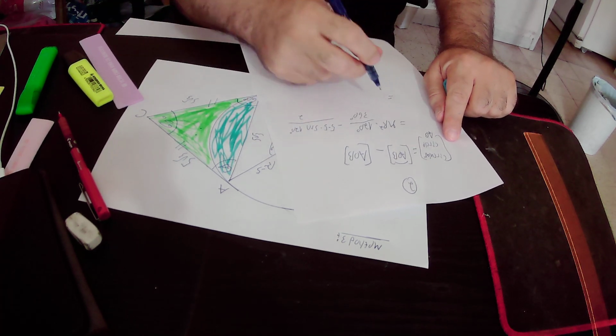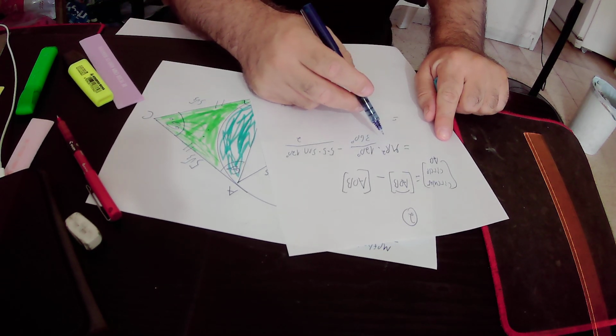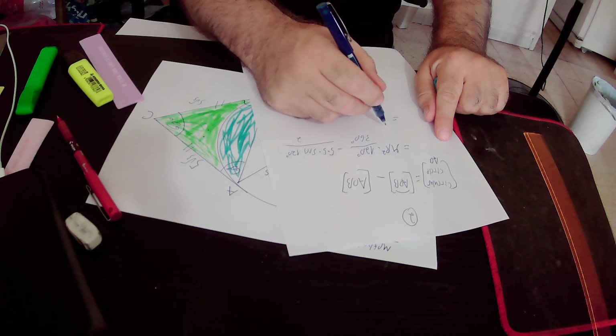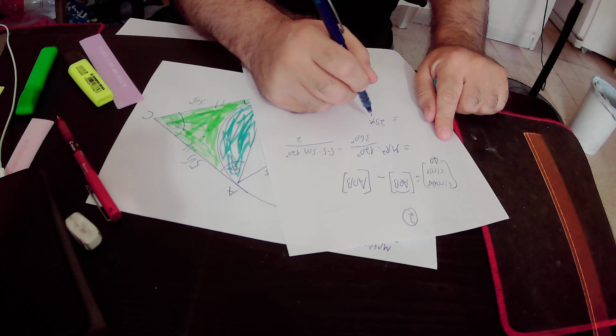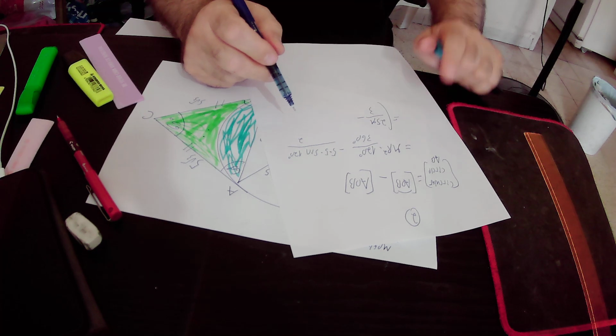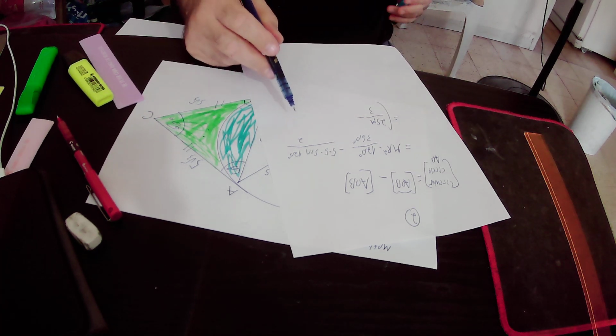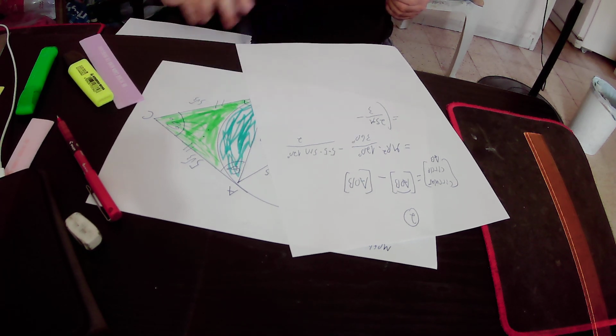So here r equals 5, so r squared is 5 squared, 25 pi. 120 degrees over 360 degrees is 1 over 3, minus, here sine 120 degrees is root 3 over 2.